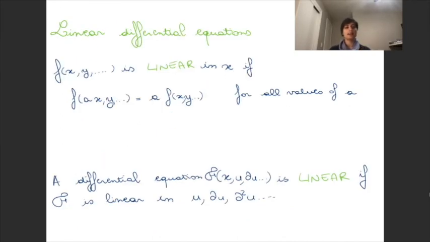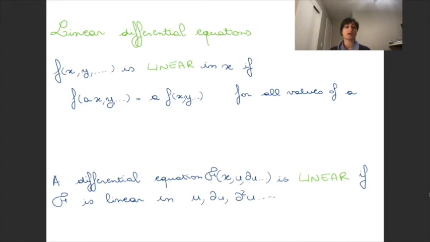Let's go into linear differential equations. We say that a function of multiple variables is linear in x if rescaling x by a factor a rescales the value of that function. So f of a multiplied by x is equal to a multiplied by f of x for any value of a. a is a real value, and that allows us to rescale everything.